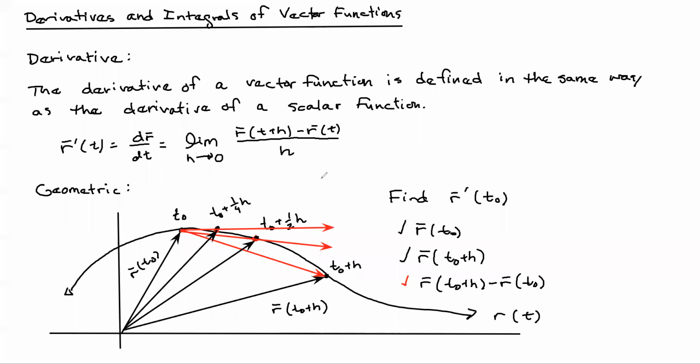Okay, and so if you look at what's happening here, we started off with this vector, then went to this vector, then this vector. All right, if you think about it in terms of calculus, we cut through the curve in 2 spots, and we cut through a large part of the curve.